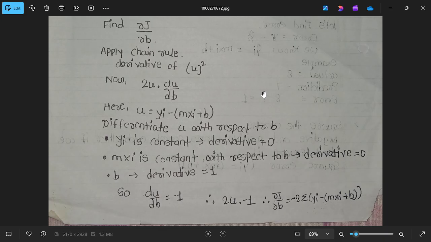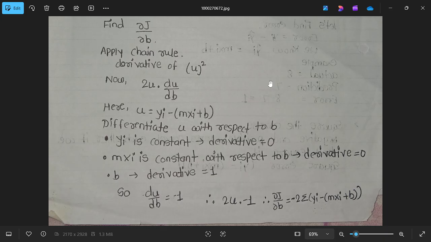Let me tell you in brief what the power rule is: we take the power as a multiplier of the variable, and subtract 1 from the power. So if the variable is x square, then according to the power rule it will become 2x.